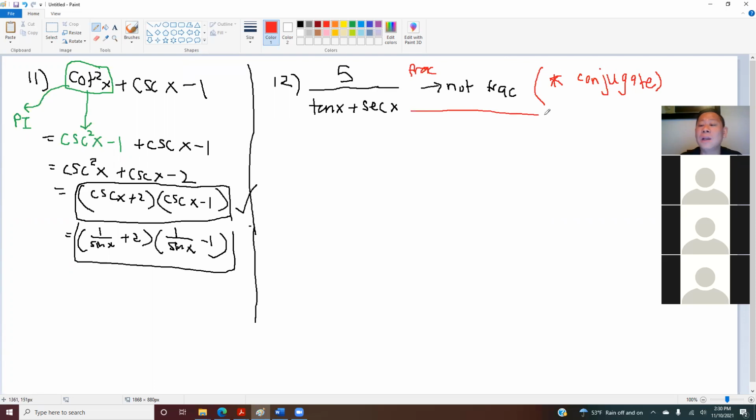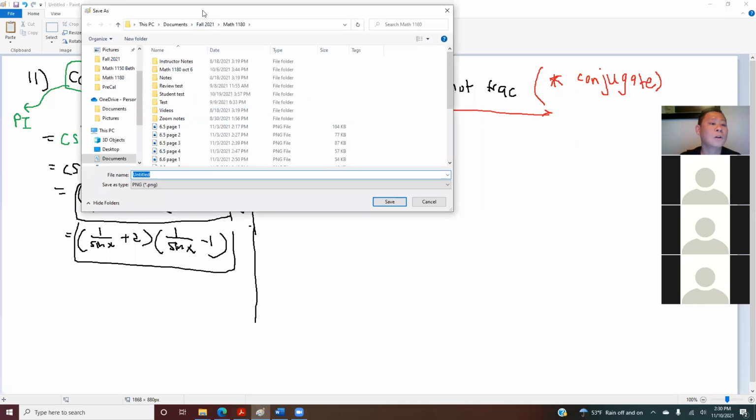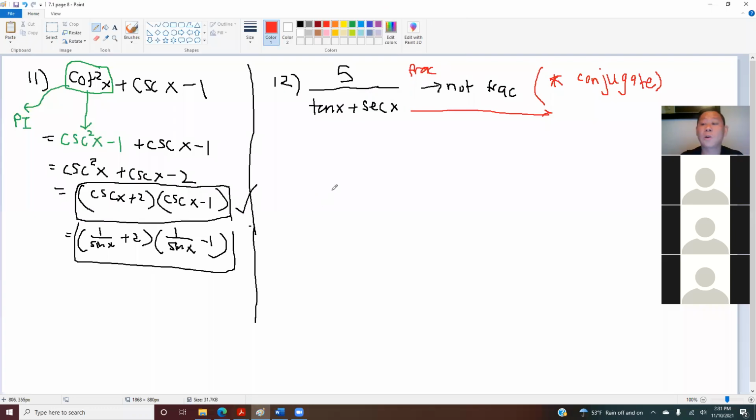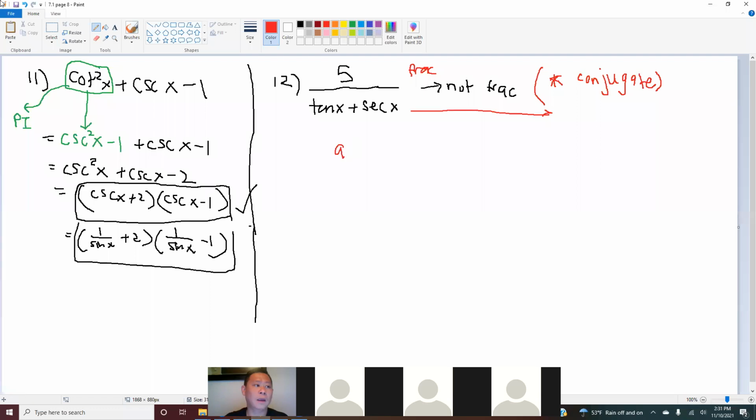Can someone tell me what is the conjugate of tangent x plus secant x? Conjugate? You guys know what conjugate means, right? If I say 2 plus 3i, what's the conjugate of 2 plus 3i?